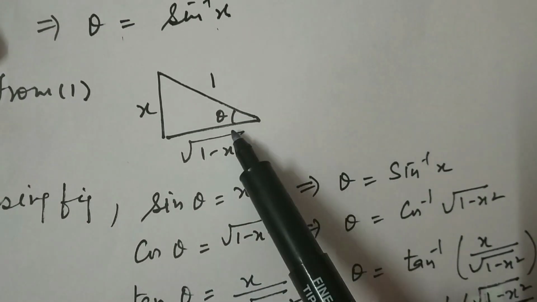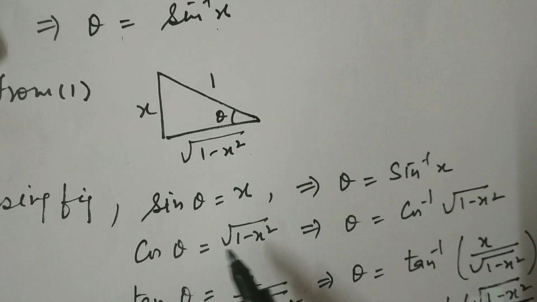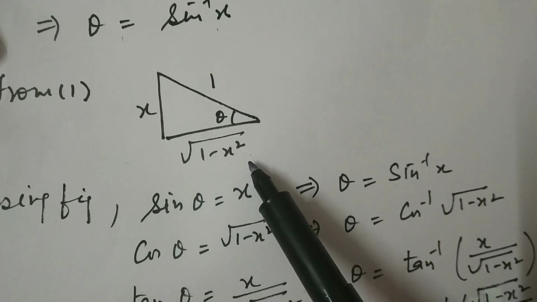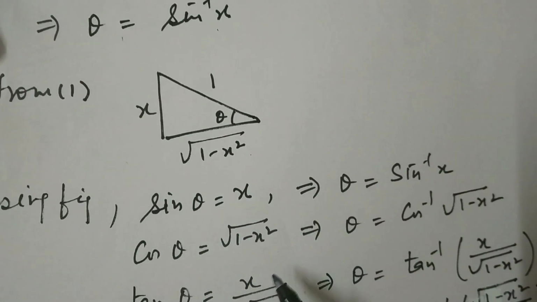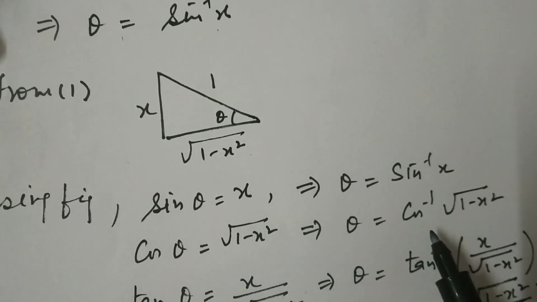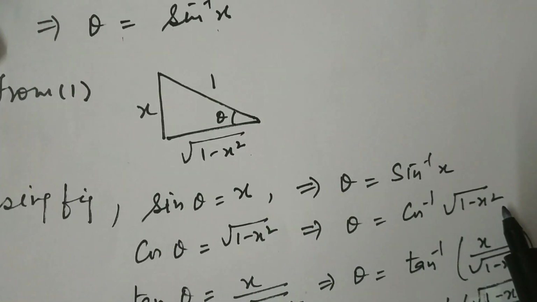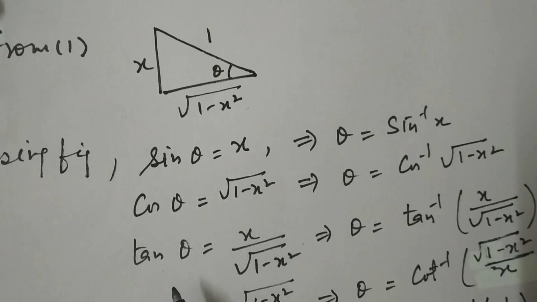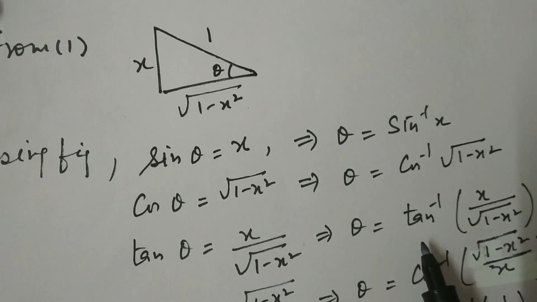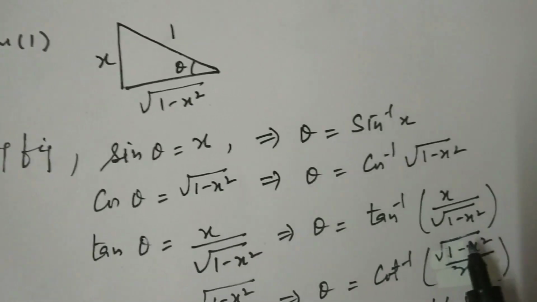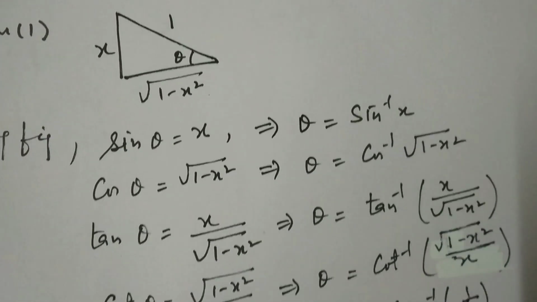Now cos theta, for the same theta, is under root 1 minus x square upon 1, and theta can be written as cos inverse of root 1 minus x square. Tan theta can be written as x upon under root 1 minus x square, so theta in tan inverse form is tan inverse of x upon under root 1 minus x square.